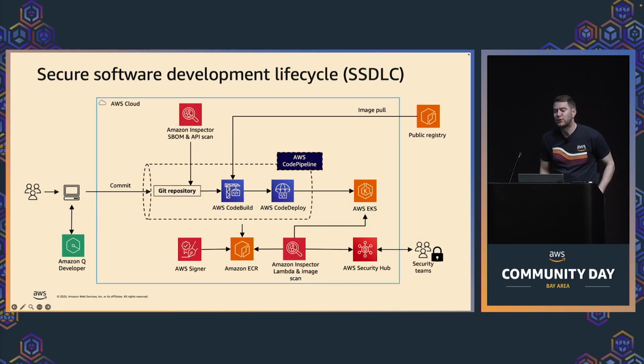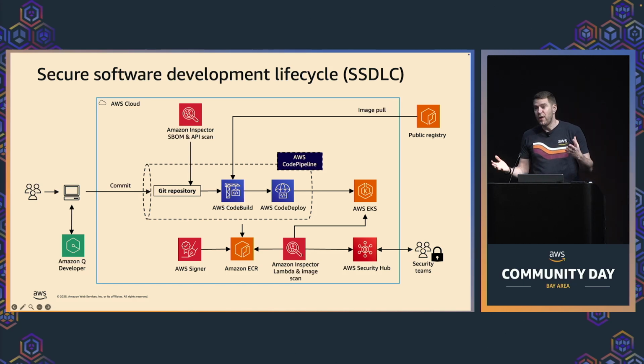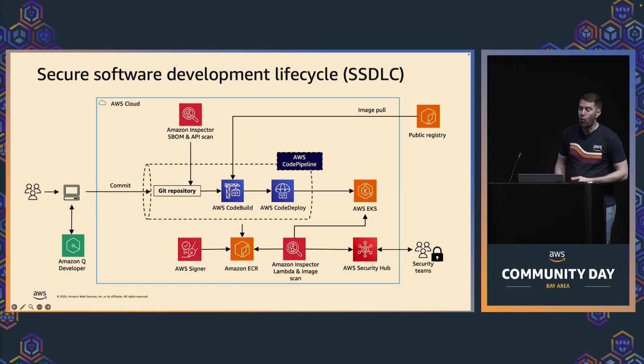So then, to summarize a bit of what we covered, we want to secure the software delivery lifecycle as far left as possible on the developer's workstation, the actual developer writing the code. And that could be using Q Developer to provide this early feedback on the code that you've written. And then we scan the code after it leaves the developer's laptop using tools like CodeGuru or Amazon Inspector within the CI/CD pipelines, whether that's using GitLab or GitHub or AWS CodePipeline.